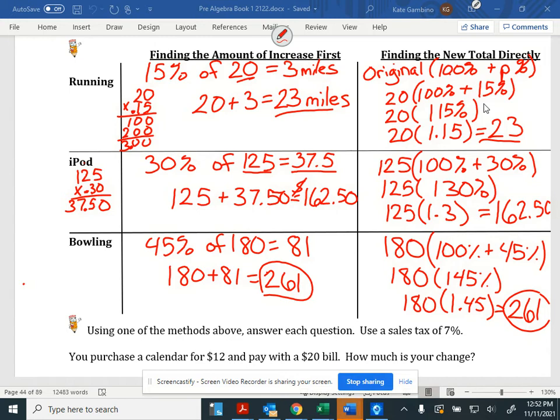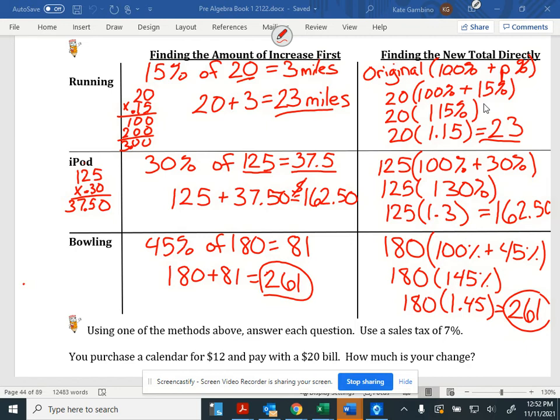So if we look on the bottom of this page, using one of the methods above, answer each question. Use a sales tax of 7%. So don't forget to add in sales tax. It's really easy to say, oh, the calendar's $12, I'm paying with $20, I get $8 back. Oh, life is not so simple.